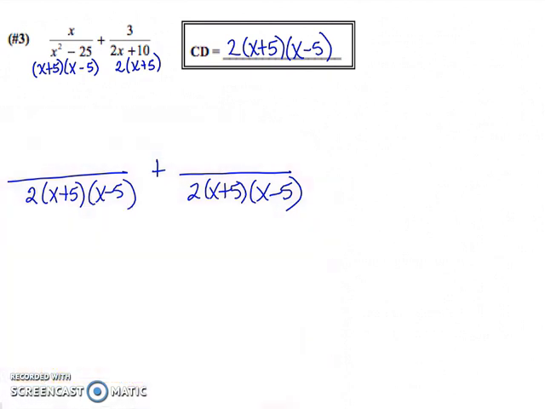All right, the first denominator, we had the x plus 5, x minus 5. So it looks like the only thing here that's different is we have to multiply by 2. So just 2 times the x there. And then in the second, we had the 2 and the x plus 5, so the only thing different here is we have to multiply by the family x minus 5.